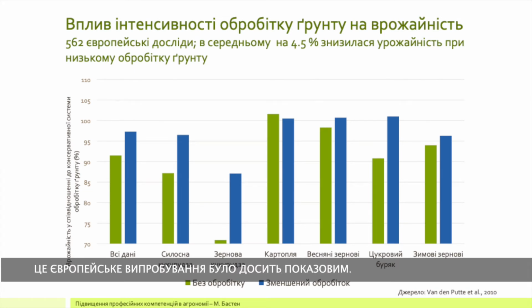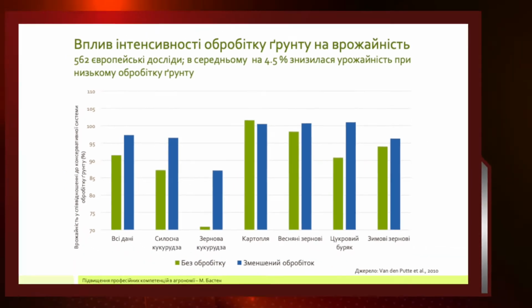This European trial was quite significant, and it gives you a bit of the European picture on yield. When we look at the global scale, there are also thousands of trials and observations with low tillage compared to conventional tillage. On this map, the different colors represent different crops.